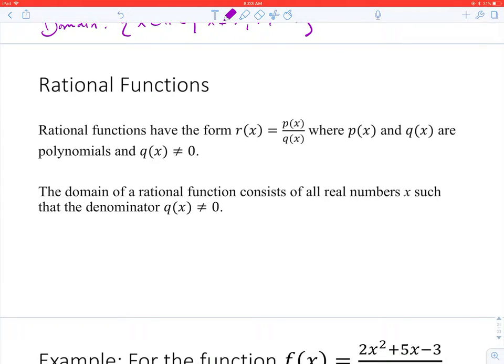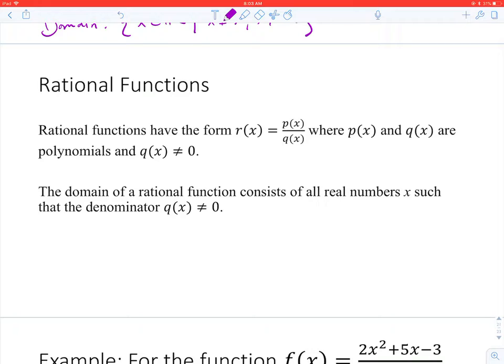Or we completed the square with quadratic expressions first, and then we used completing the square to rewrite a quadratic function in vertex form. So now we've looked at rational expressions and how to simplify them, and we're going to use that skill to help us simplify rational functions.